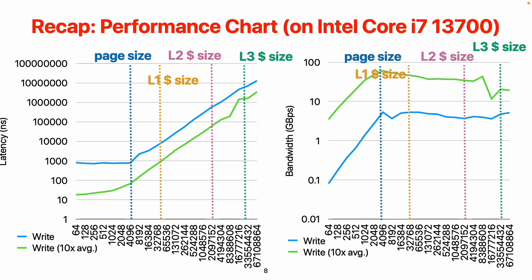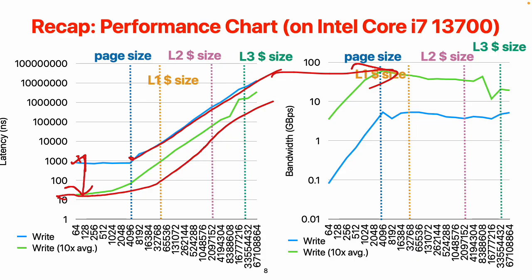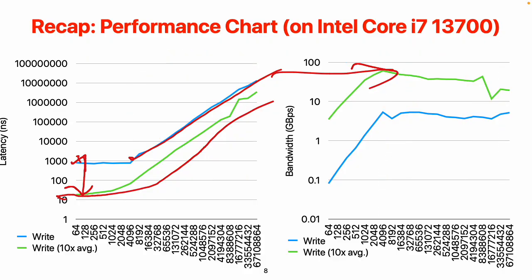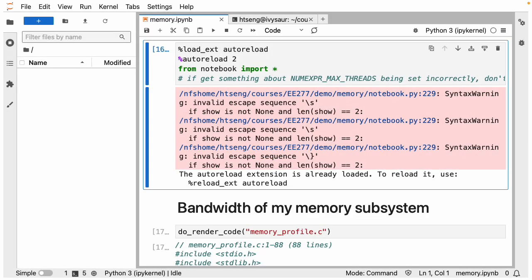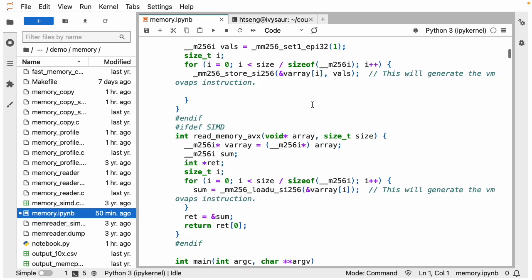Okay, so another thing that you could look at is the bandwidth, right? So here, this is sometimes difficult to see. If we take a look at the Jupyter notebook, here's the bandwidth that we are getting at this point.